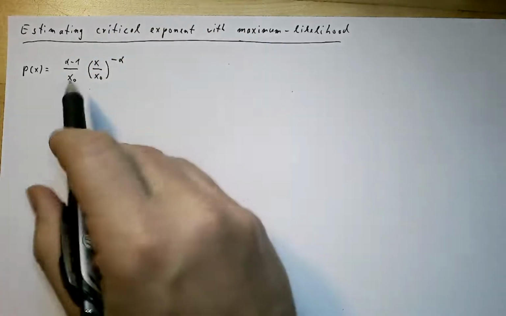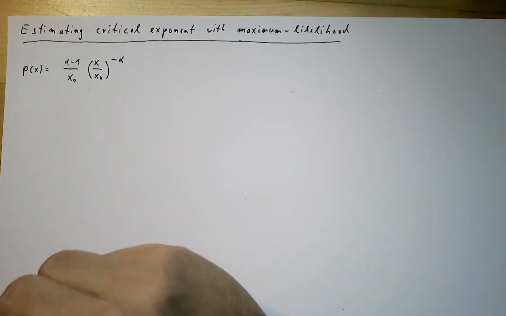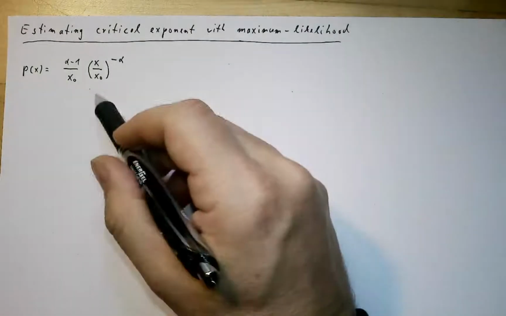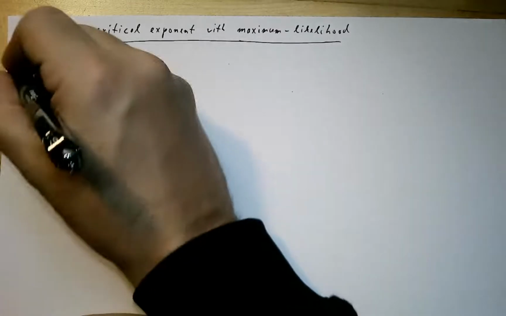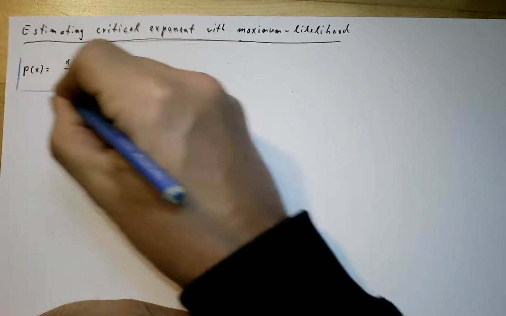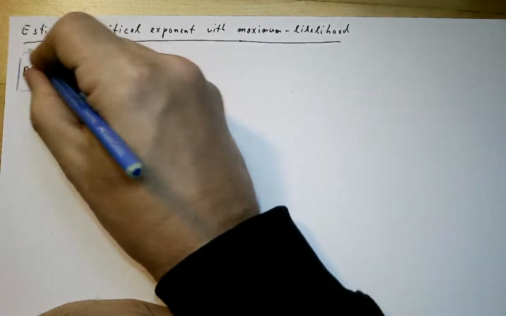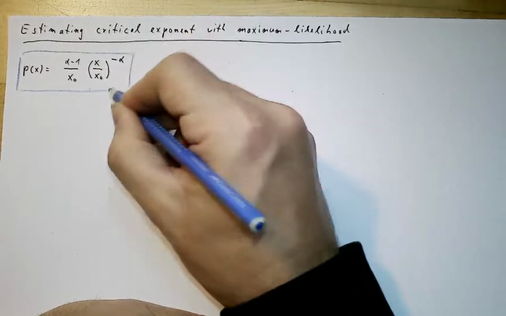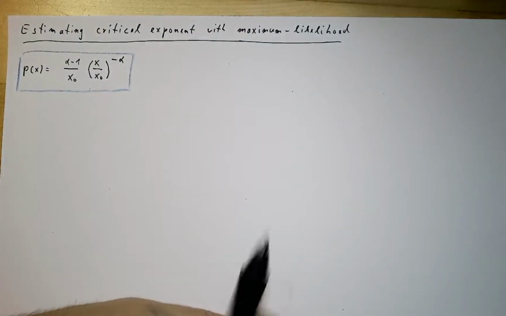And so here you see I've already included the normalization, because this will be important. We need this later. But this is the same way we wrote our distribution always before.